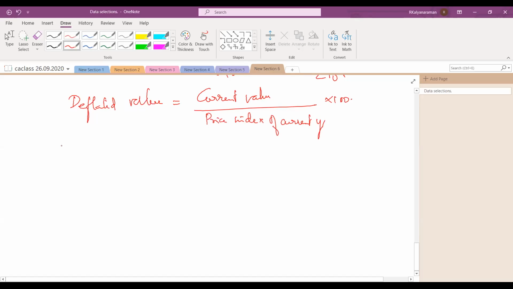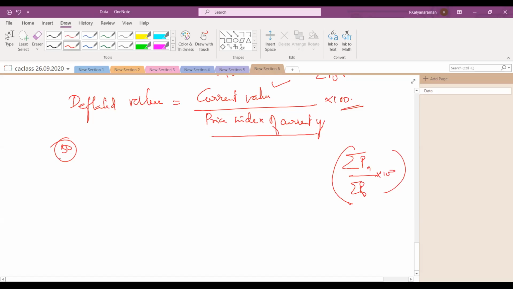For example, 50 rupees. What is the deflated value of 50 rupees? What is the current value of 50 rupees? This one, by the price index of the current year. How did you calculate the price index of the current year? Sigma Pn by sigma P naught into 100. This into 100 will tell me the deflated value of the 50 rupees.